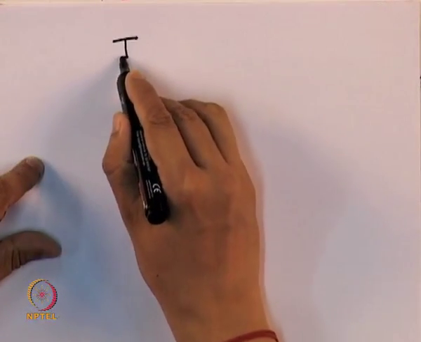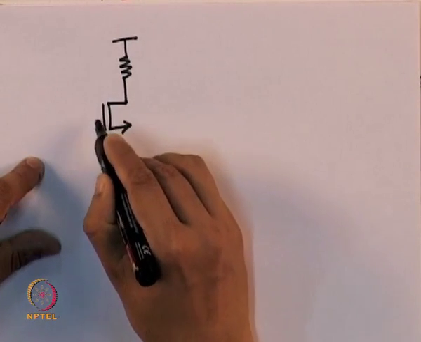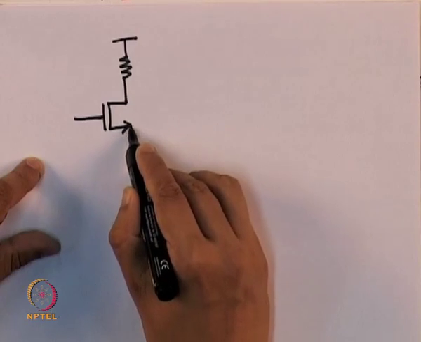We have something which is known as a differential amplifier, which is of this form.